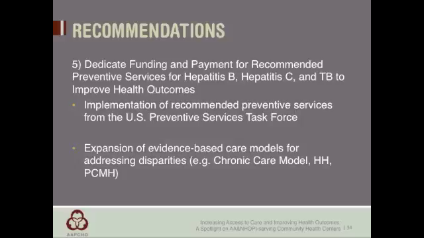With that, one way that we can work on that in policy is to ensure that the implementation of recommended guidelines are paid attention to and that they are adhered to by different payers.